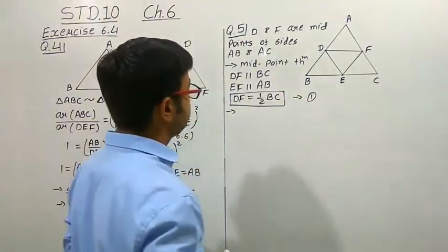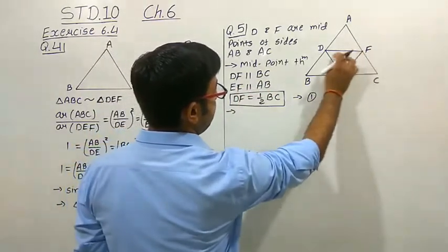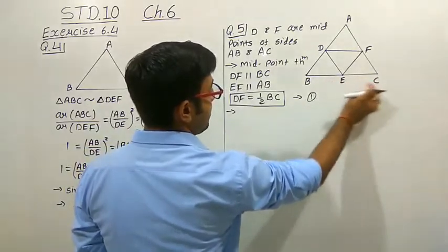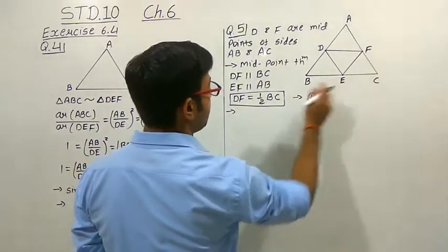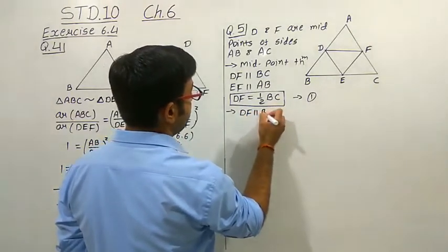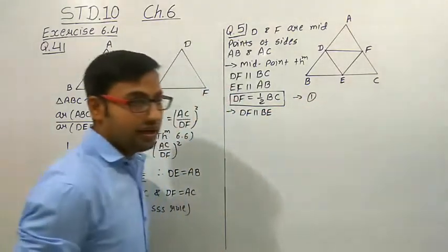Now we have written that DF is parallel to BC. Instead of BC we can write BE, that is, DF is parallel to BE. Why? Because B, E and C are collinear.